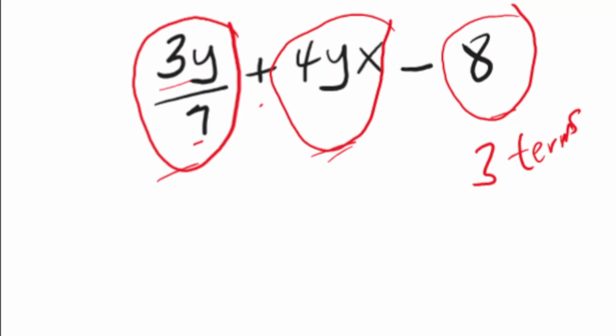Now let's look at variables. What are variables? A symbol that doesn't have a fixed value is called a variable.